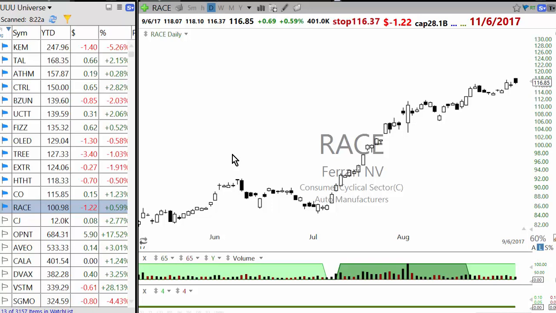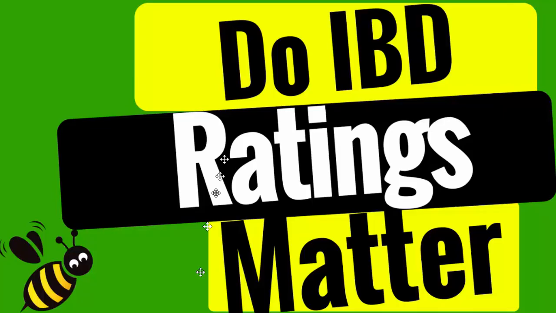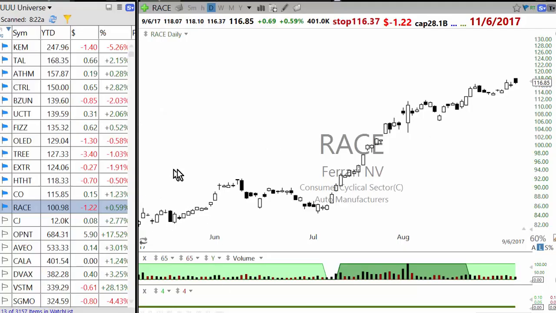And you can do this study for several time periods going back the last 10, 12, 15, 20 years, and you'll find the answer remains the same. So to really answer this question, do IBD ratings matter? They don't matter if you're looking for the stocks which are making the biggest moves in the market.